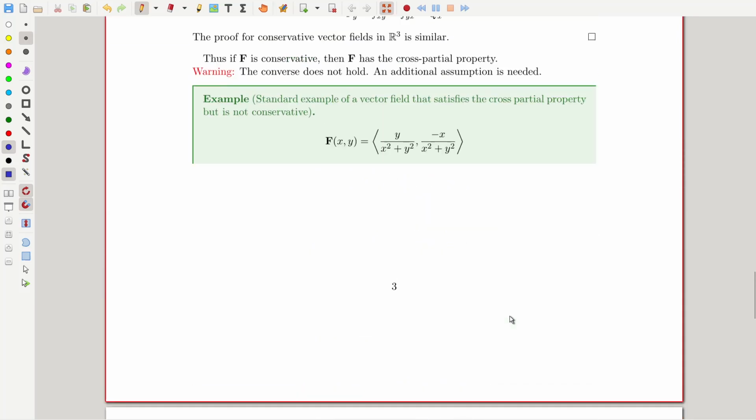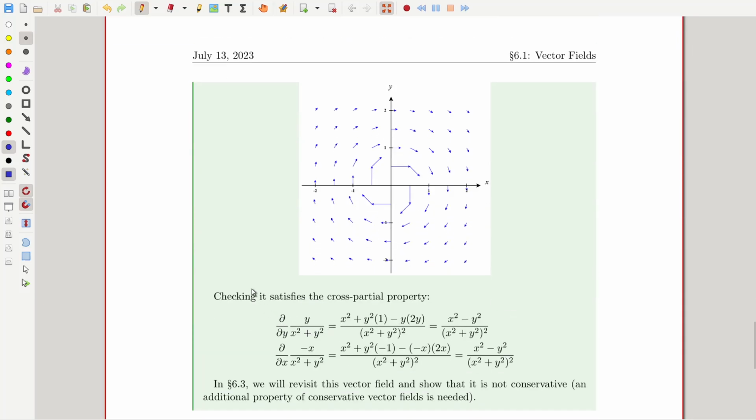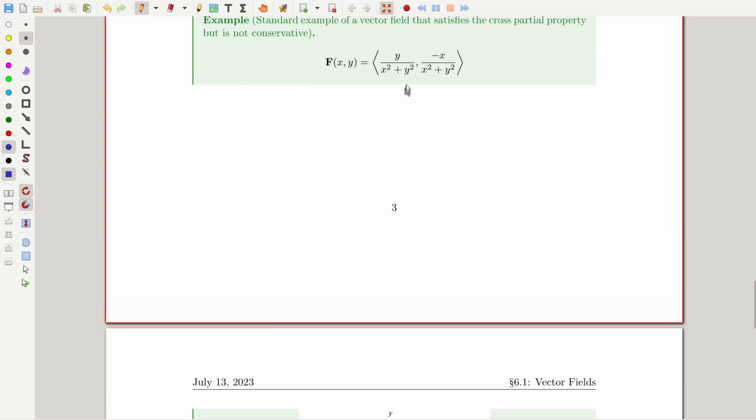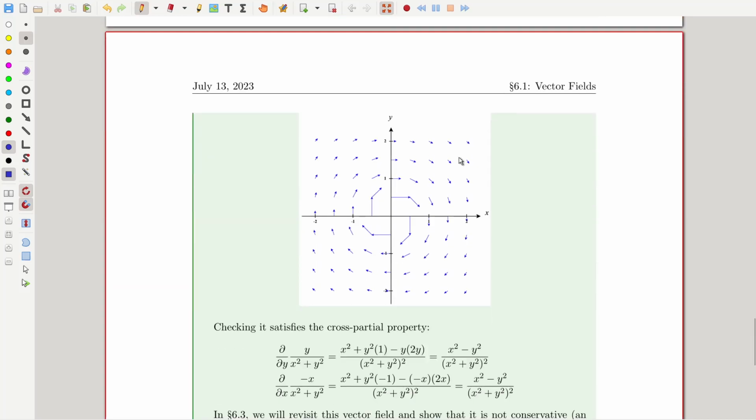Anyway, we can show that it satisfies the cross partial property. That's just straight up taking the partial derivatives, so I wrote it below. You take the y derivative of this function, you take the x derivative of this function, and you compare the two.